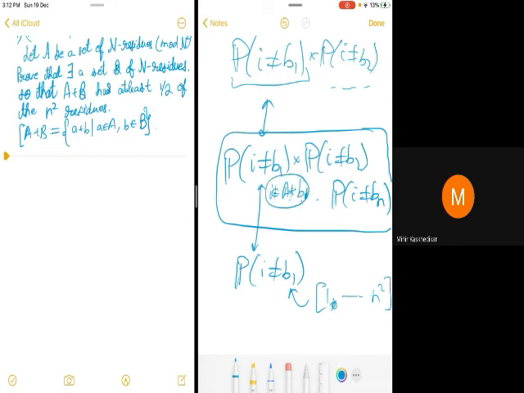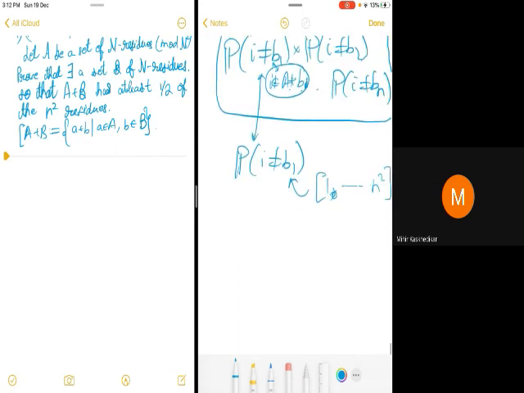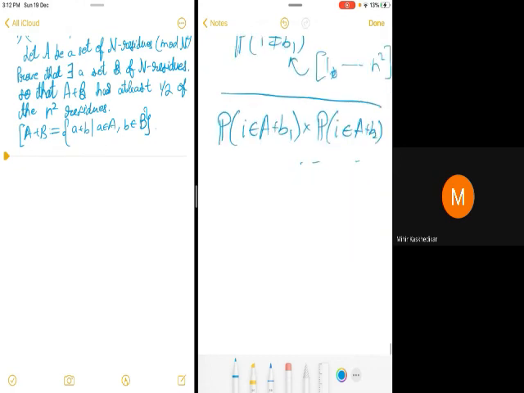So we want to calculate the probability that I does not belong to a plus b1 multiplied by the probability that I does not belong to a plus b2, and so on. So do you get why we calculate this? Yes. Now what will this be?